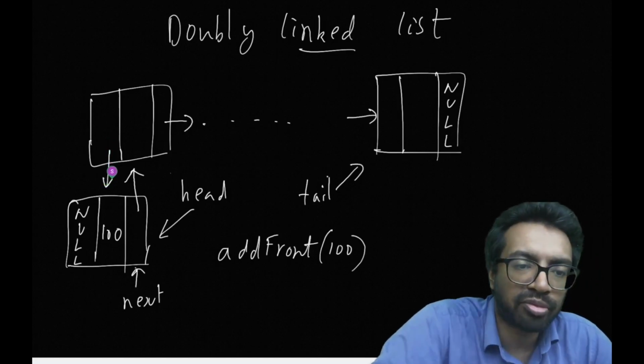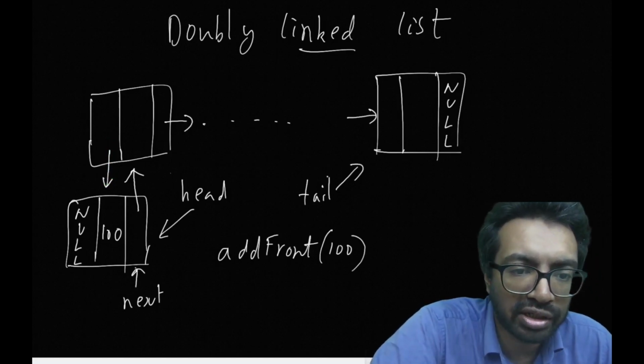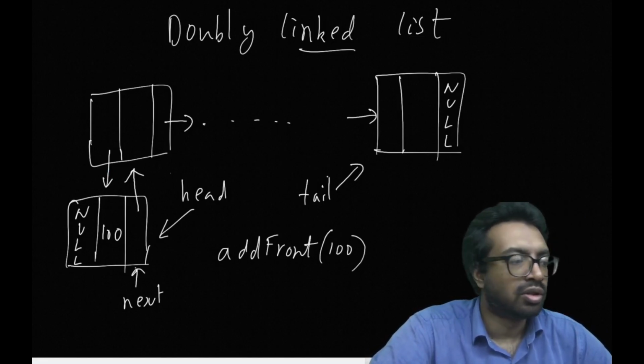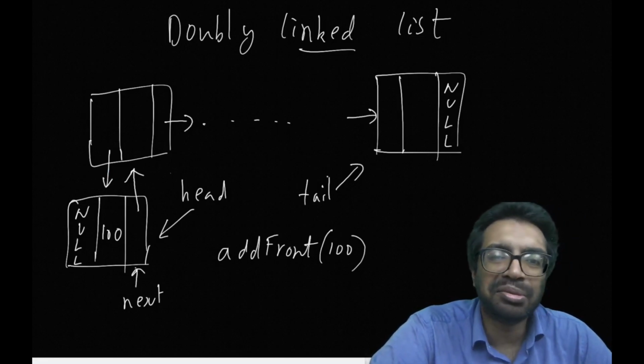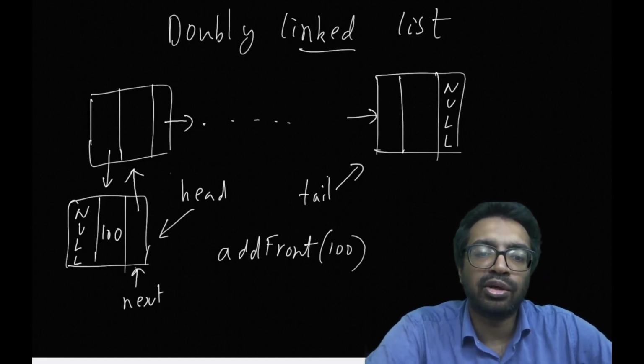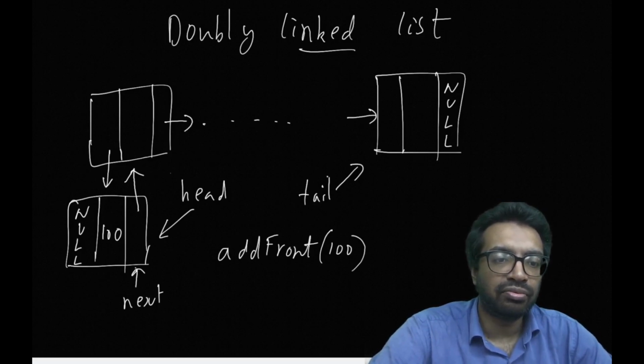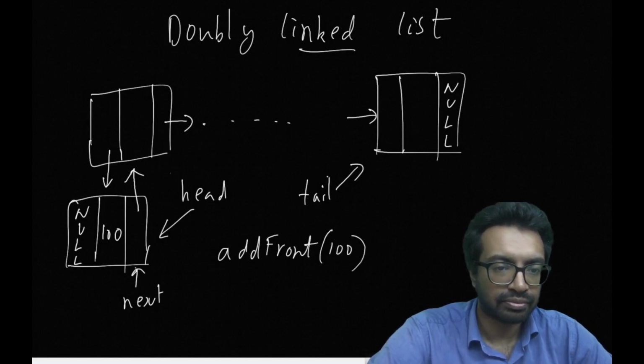I will make that pointer point to this newly created head node. Clear? So this is exactly similar to adding a front node in a singly linked list, just that we also have to take care of the prev pointer.